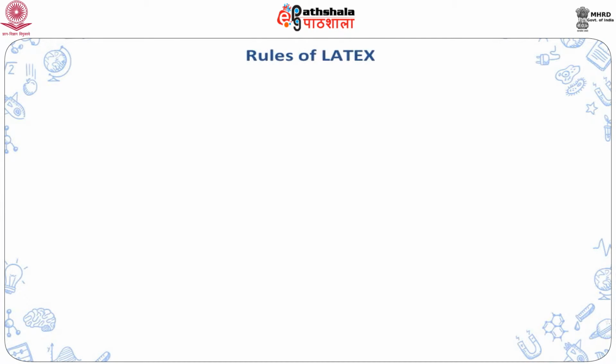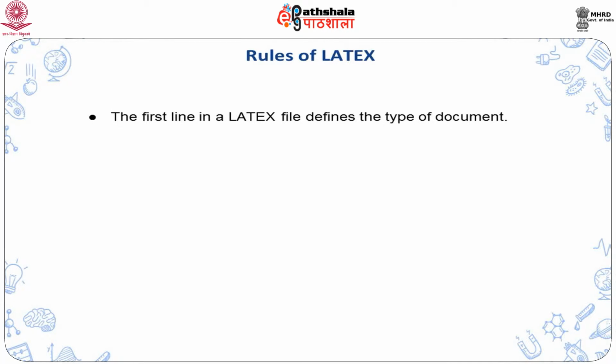Now, as you can see, there are some rules of LaTeX. The first line in a LaTeX file defines the type of document. It might be an article, it might be a book, or anything of this genre.